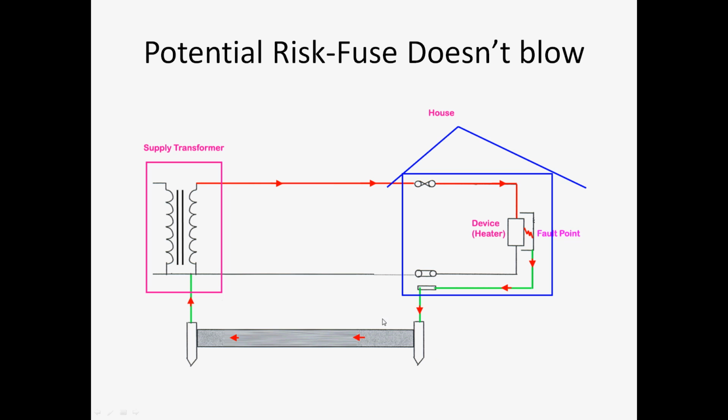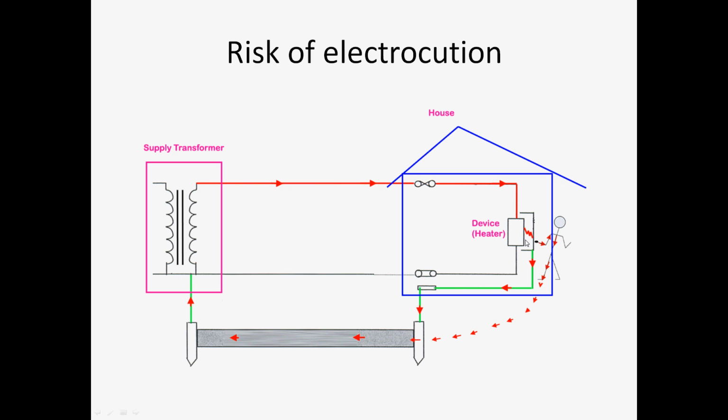If there is a high resistance in any of this path, the current flow will be very limited. It will not be sufficient to blow this fuse. That means this fault point will remain live, at the phase potential. Now here lies the risk of electrocution.